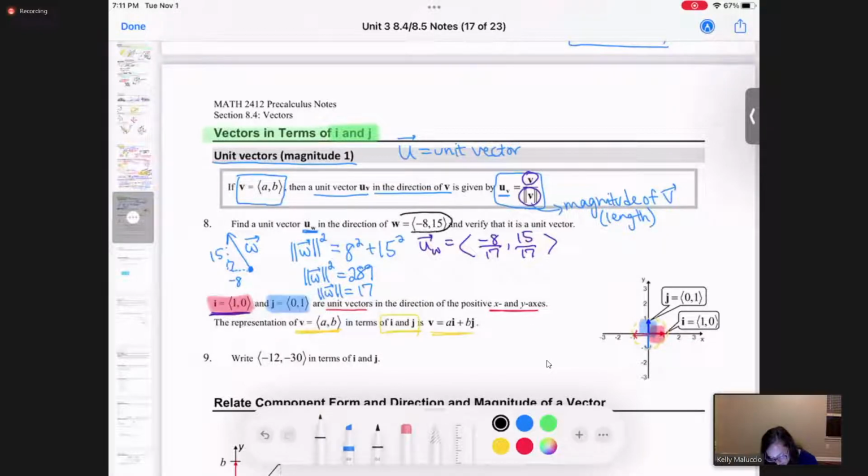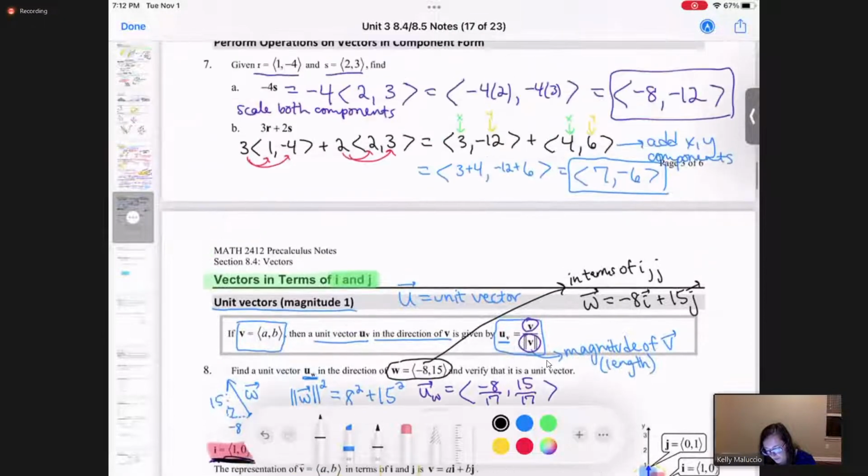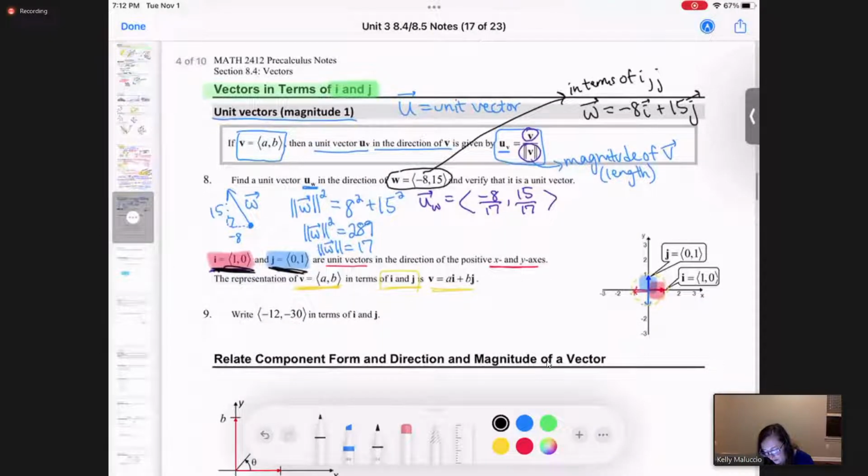If we took this W in terms of I and J, the vector W would equal -8I plus 15J. If you plug in I and J and do the scalar multiplication we did up here, you end up getting -8, 15 as a vector. You get exactly W.